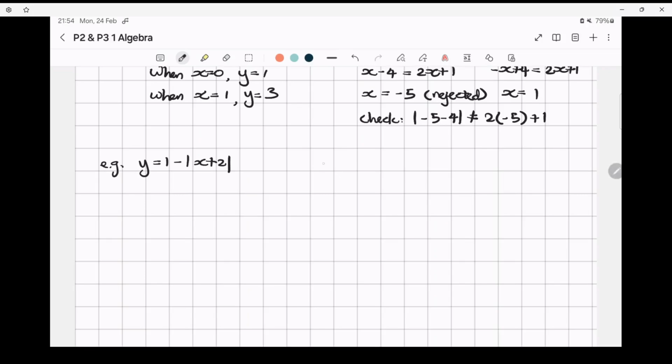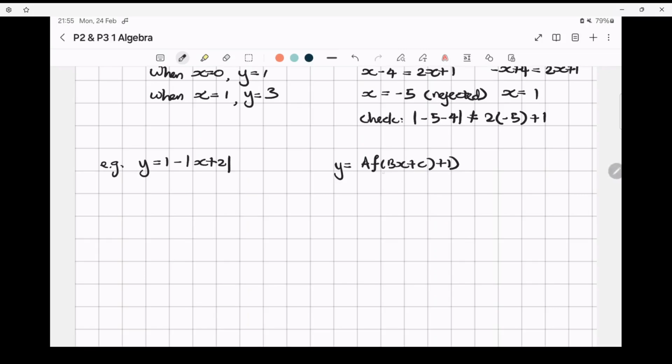Remember that previously we have something like this. So when a is a positive value bigger than 1, then it is a stretch in y direction by a factor of a. When it is a smaller value in between 0 and 1, which is still positive, then it is stretched in y direction by 1 over a.